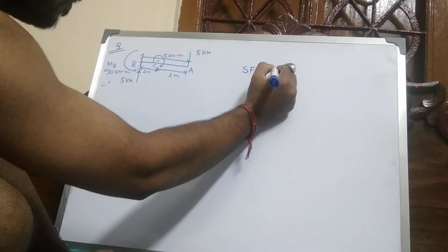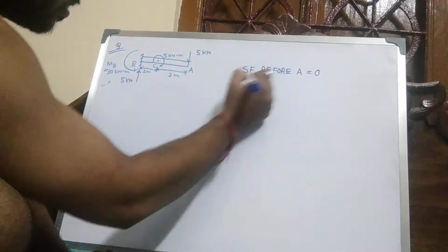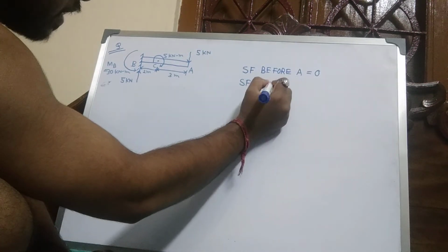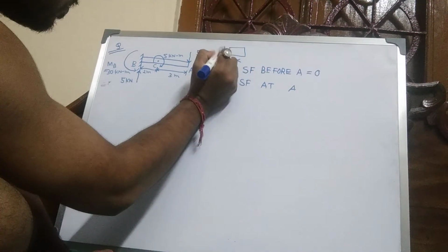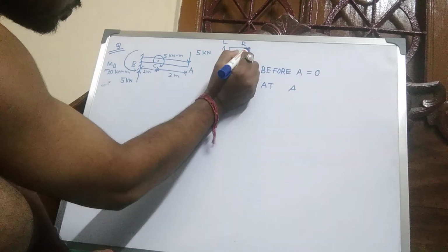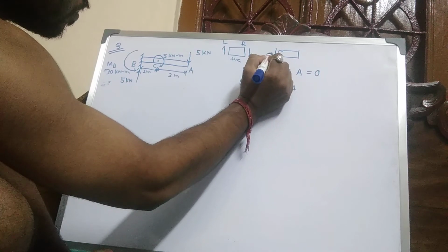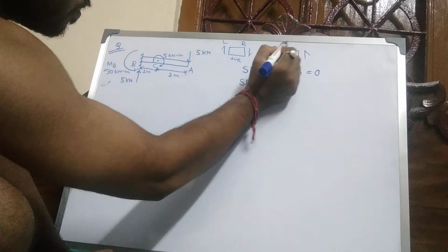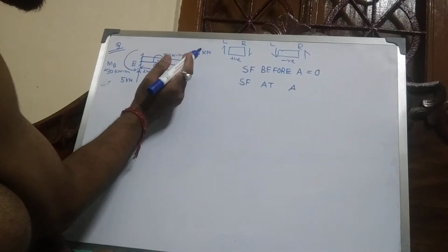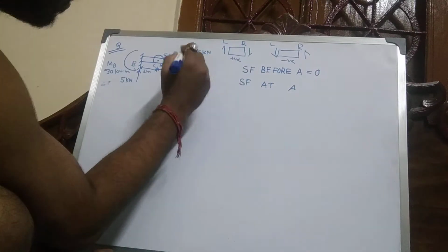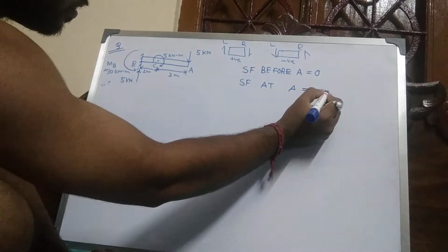Shear force before A is 0, shear force at A. We know shear force positive left to right, this is clockwise, this is negative left to right. We calculate shear force from the right side, downwards means positive, 5 kilonewton.